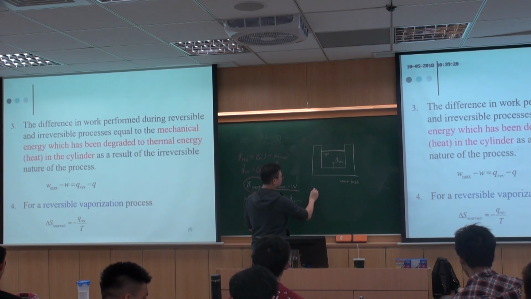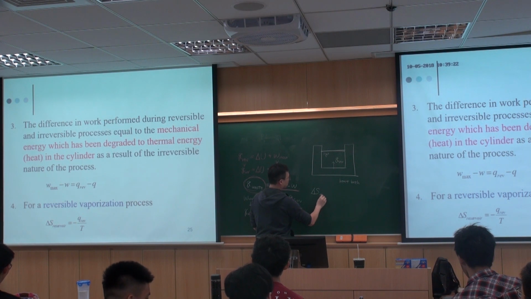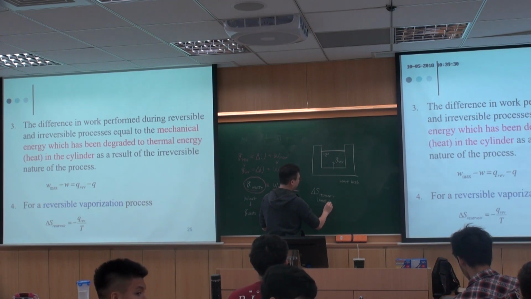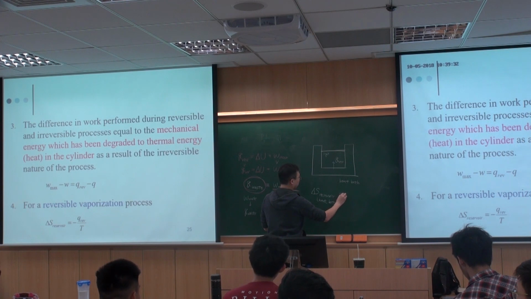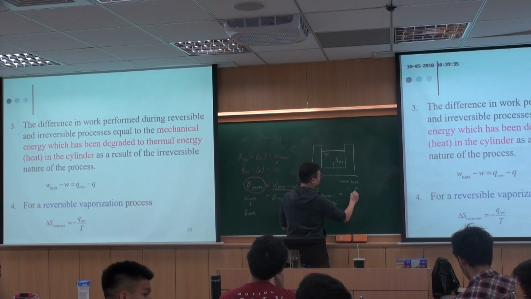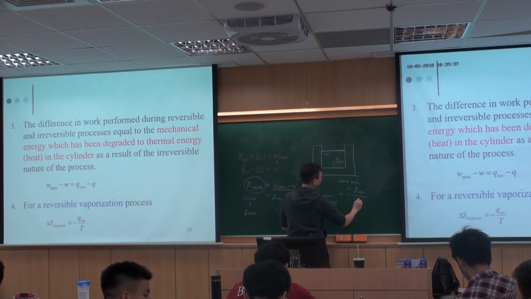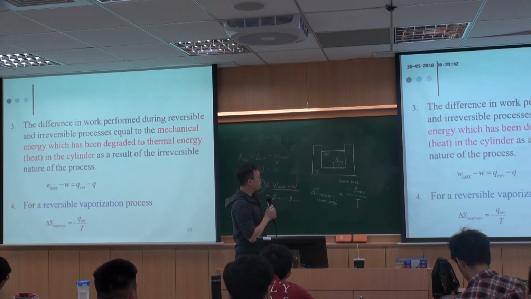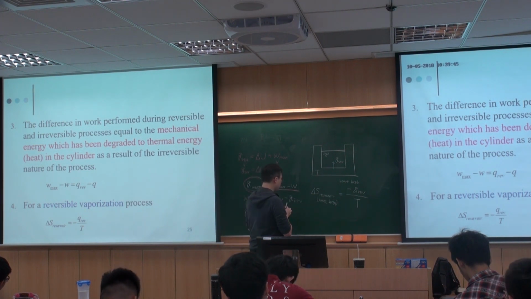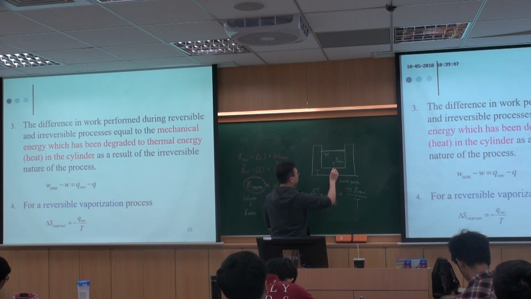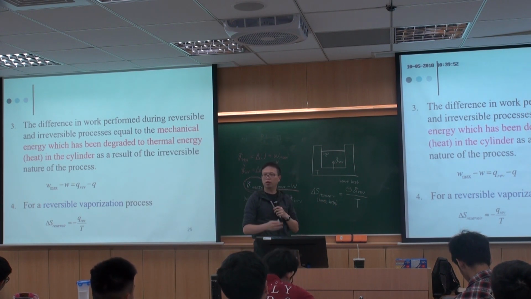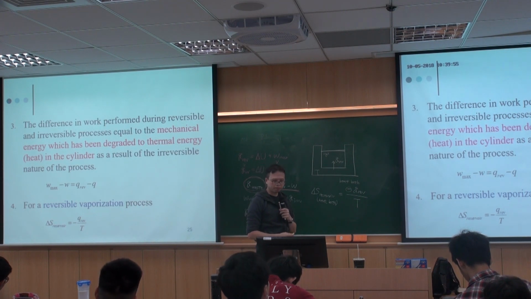Therefore, the change of entropy for the heat bath is minus Q reverse over T. So this is at constant temperature T. And the reason why I put a minus sign here is because the heat is flowing from the heat bath into the system, right, during this vaporization process.